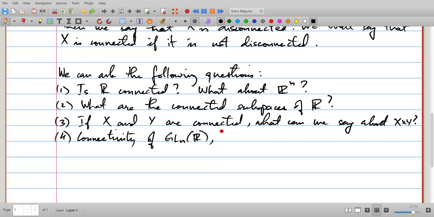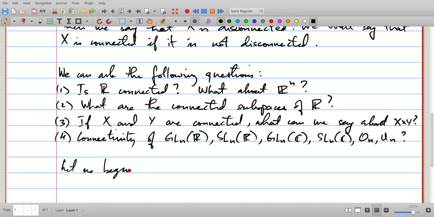So we can ask if those are connected, etc., etc. So these are orthogonal groups, unitary groups, special orthogonal groups, special unitary groups, and so on. So let us begin by attempting to answer the first few.